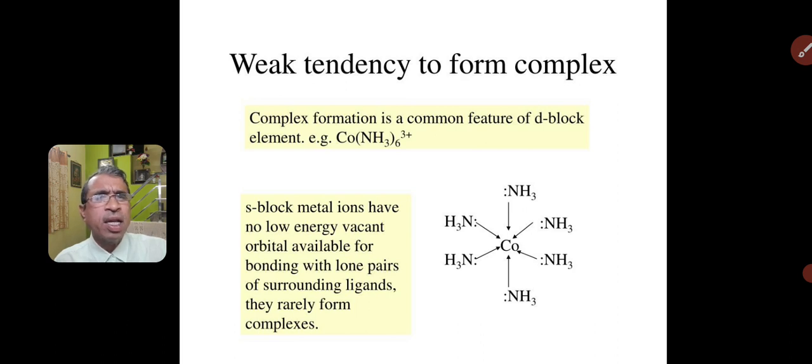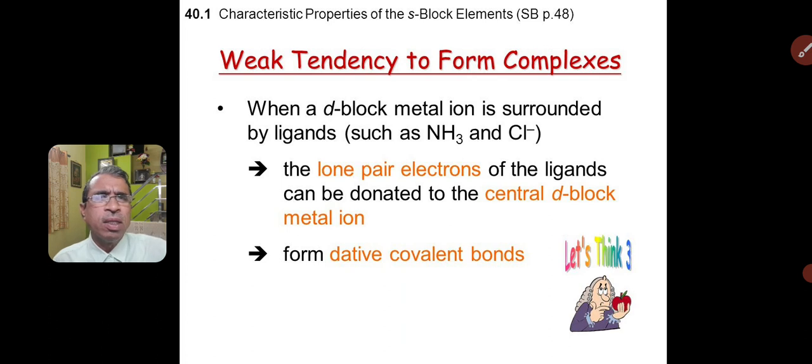Therefore, they rarely form complexes. So here also the same thing is shown. Complex formation in the D block happens because the lone pair of electrons of the ligands can be donated to the central D block metal ion to form dative covalent bonds.